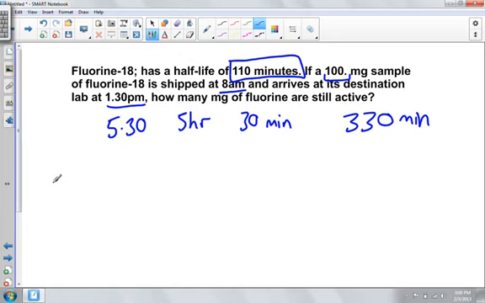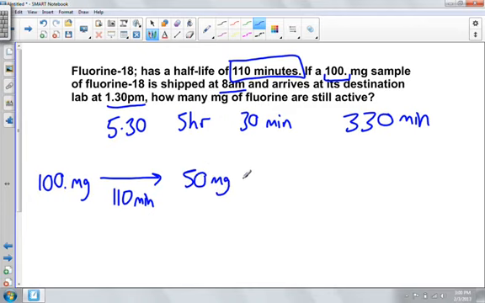So if we start off with 100 milligrams, after one half-life, that's 110 minutes, we've got half of 100 milligrams left. We've got 50 milligrams. After another half-life, another 110 minutes for a total of 220 minutes, we've got 25 milligrams left.